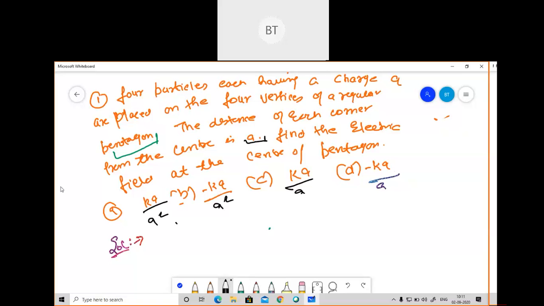So let me ask one by one. Yeah, Akshat, what is your view on this question? Akshat, Avantika, Akshat, what option should it be according to you?